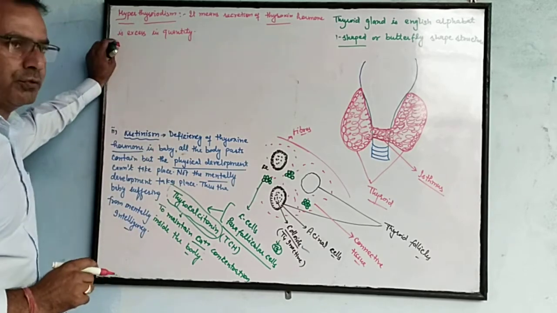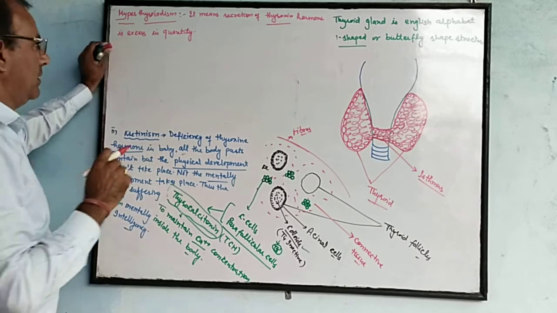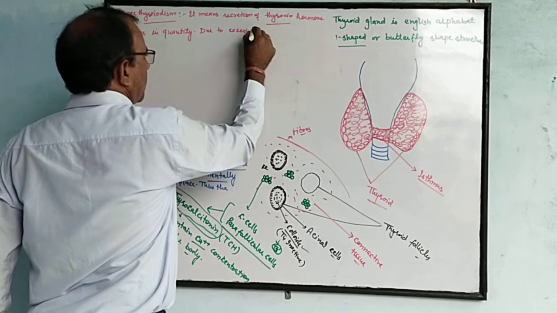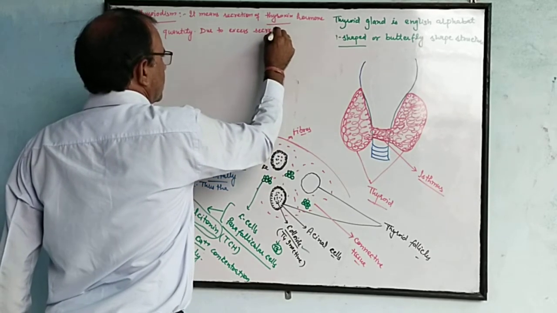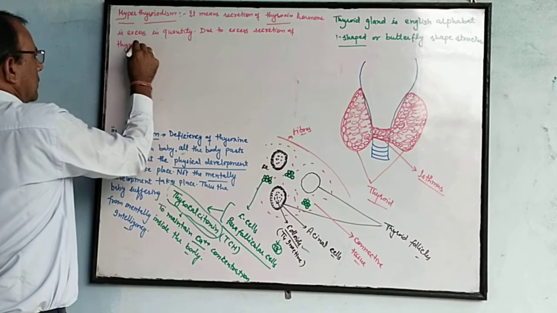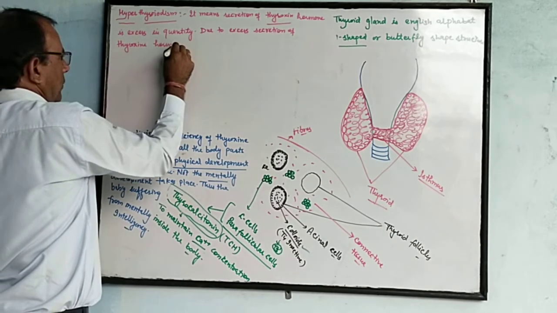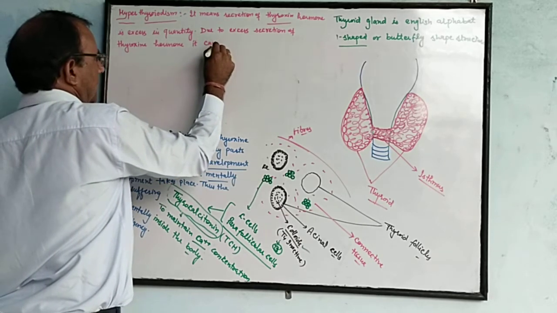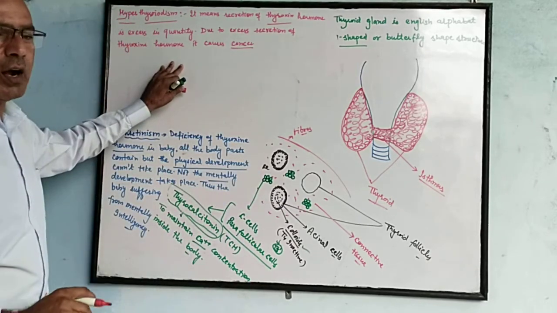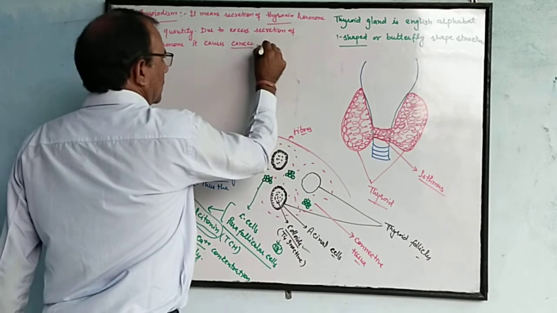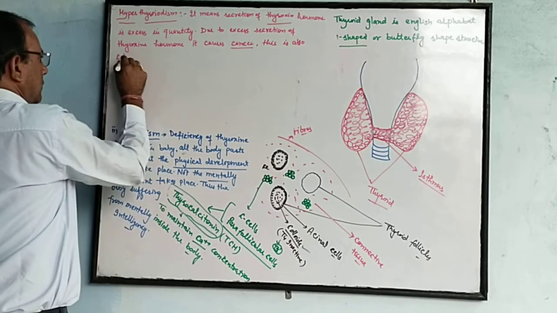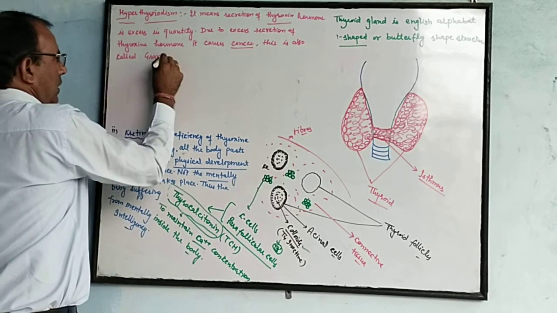Due to excess secretion of thyroxine hormone, it may cause cancer. This is also called Graves' disease.